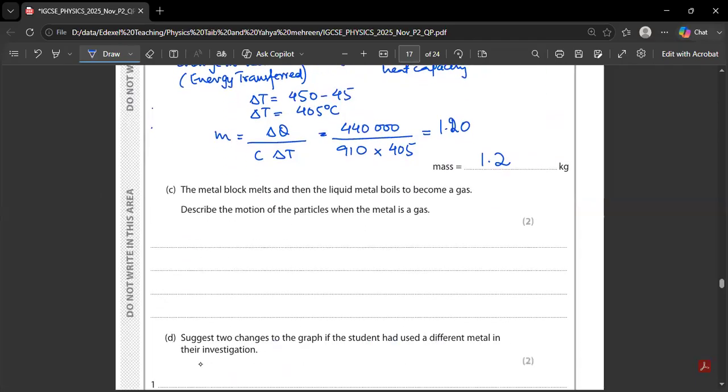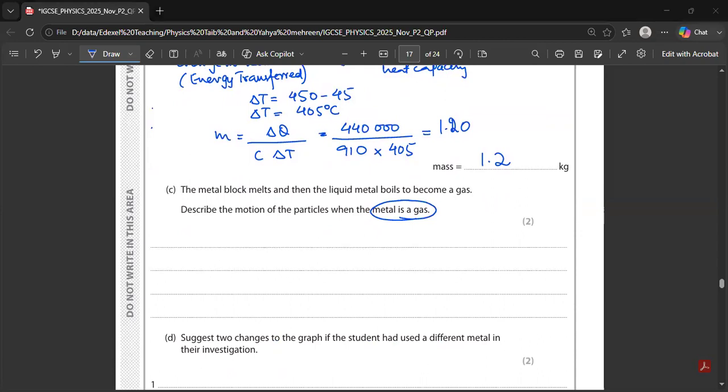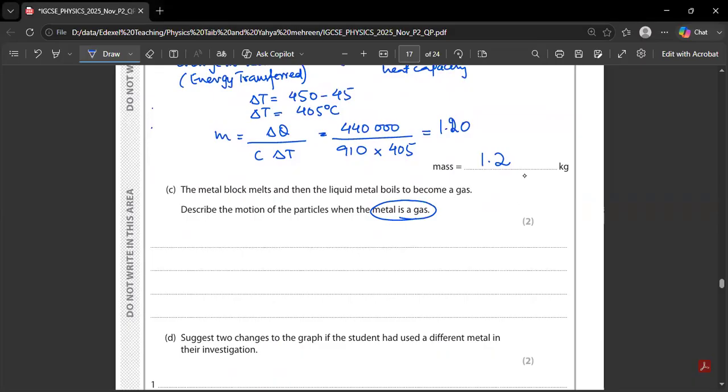The metal block melts and then the liquid metal boils to become a gas. Describe the motion of the particles when the metal is a gas. They are just asking how the particles move in the state of gas. The motion of gas particles is random.